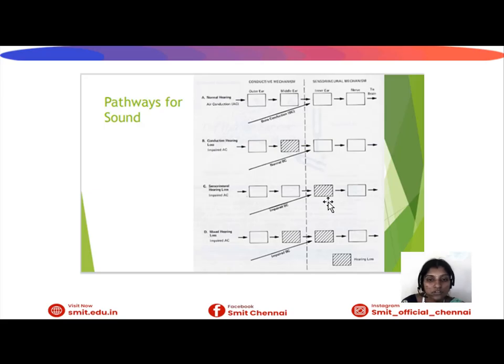So this comes under sensory neural loss. Mixed hearing loss. We are having a problem in the middle ear and also in the inner ear. So this type is mixed hearing loss. So we can categorize the hearing loss in these three types.